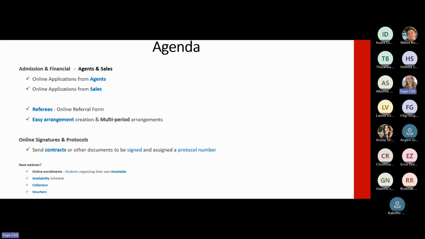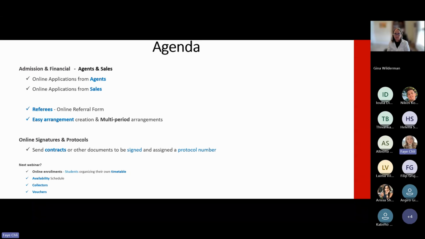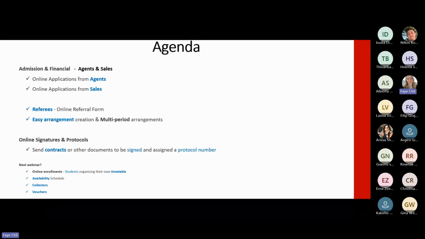This is an option we can open to agents, applicants, or anyone who submits an application instead of a student, where they can give contact details of their own referees, and then the system can automatically send an email to them with a link with our custom referral form with our own questions, so they can easily submit their feedback online. And of course, all these questions and answers return back to the student card in a PDF format.